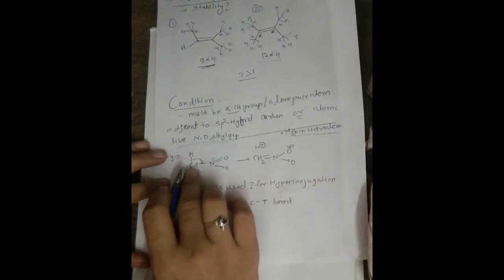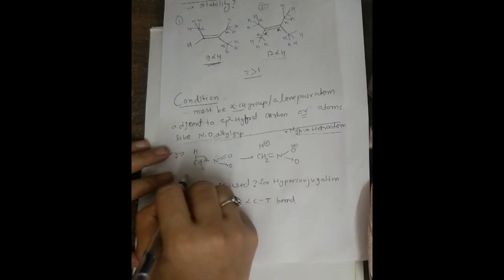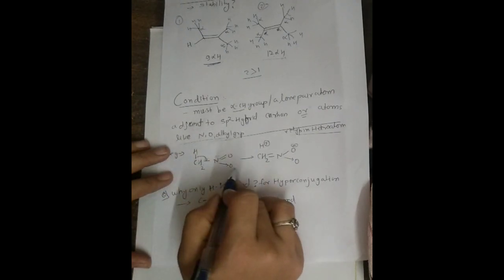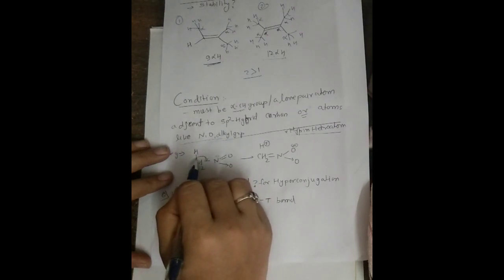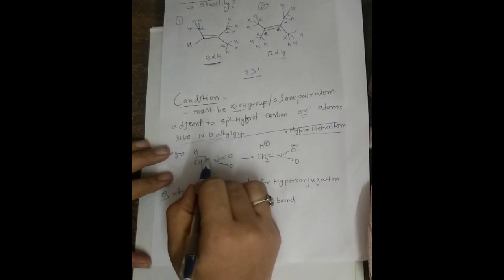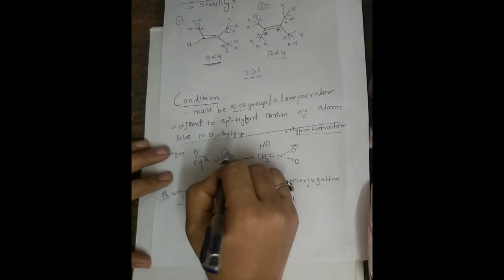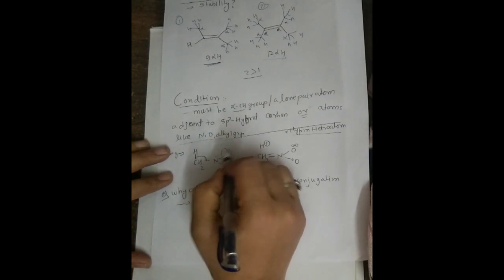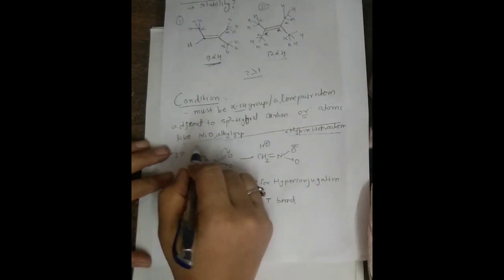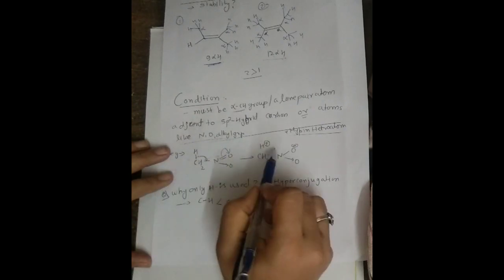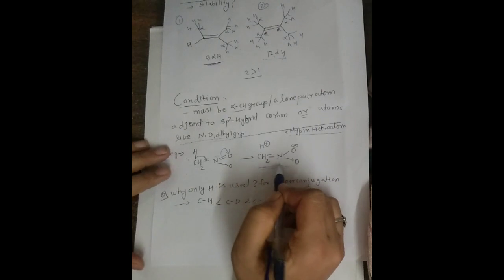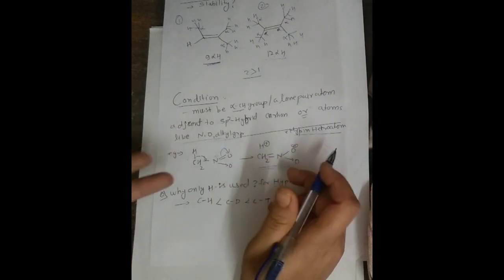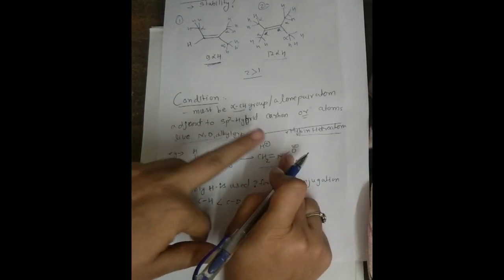The example here is nitromethane, in which the CH3 group's carbon-hydrogen bond will shift like this, so that the nitrogen-oxygen double bond will shift like this, and the hyperconjugation of this hydrogen happens, and this compound is formed. So this is the hyperconjugation effect in heteroatoms.